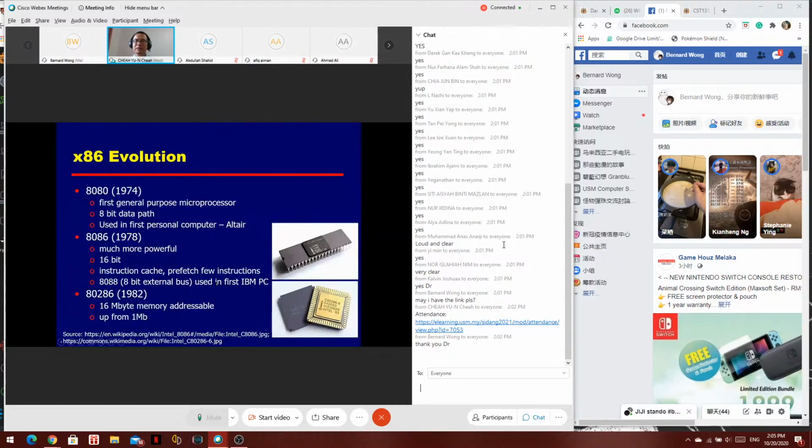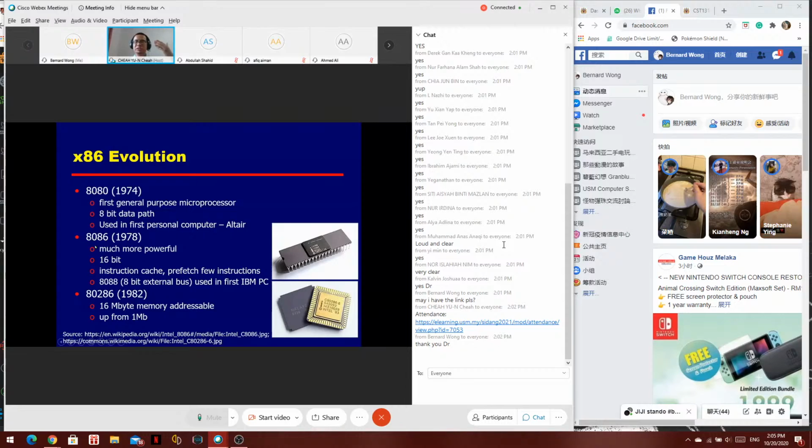Okay, so now let's look into the different processor families that are popularly available today. And we'll just do a little bit of history as well. So we start off with the x86 chips. They started back in 1974 with the 8080, and then evolved over time.